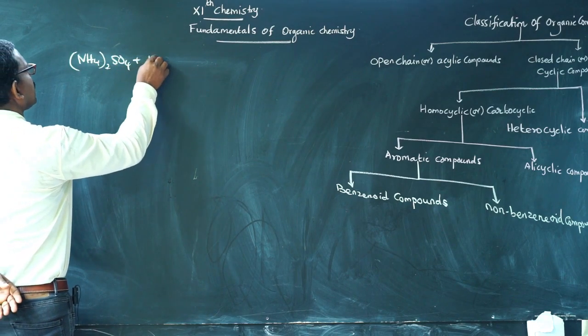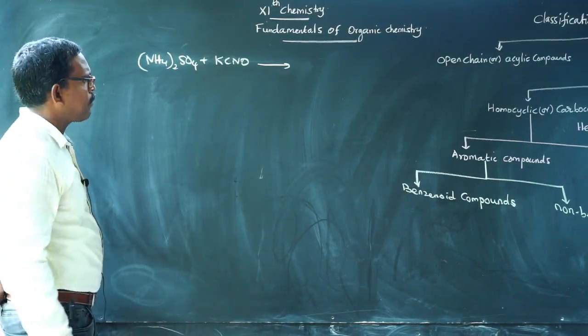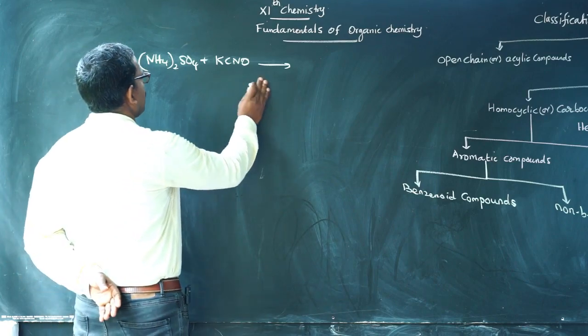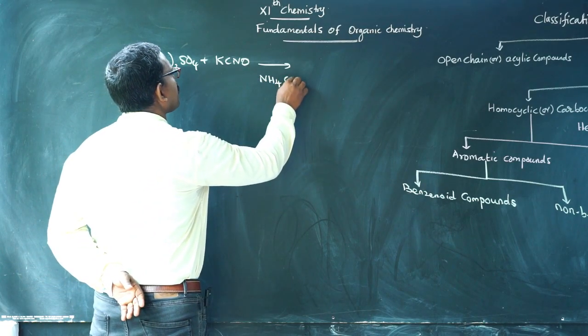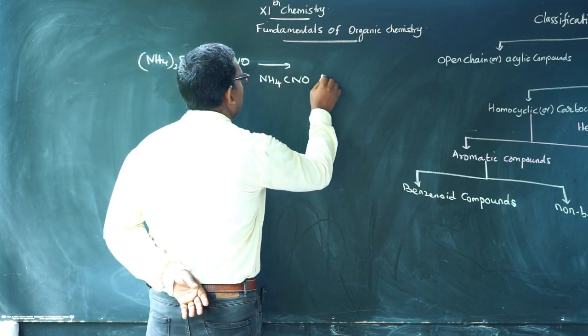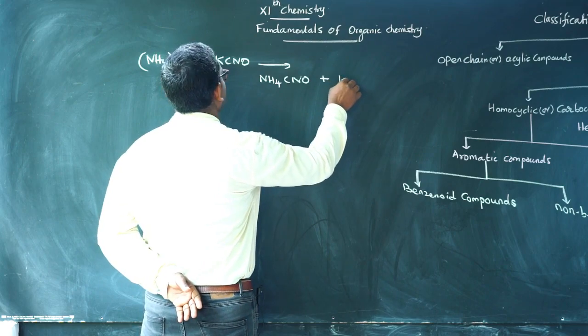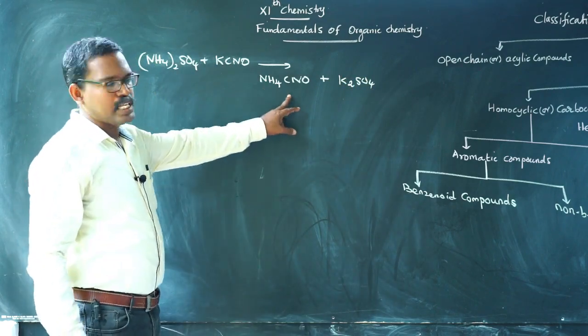Ammonium sulfate reacts with potassium cyanate in the laboratory. It gives the compound ammonium cyanate, NH4CNO, plus potassium sulfate. This is the first reaction.